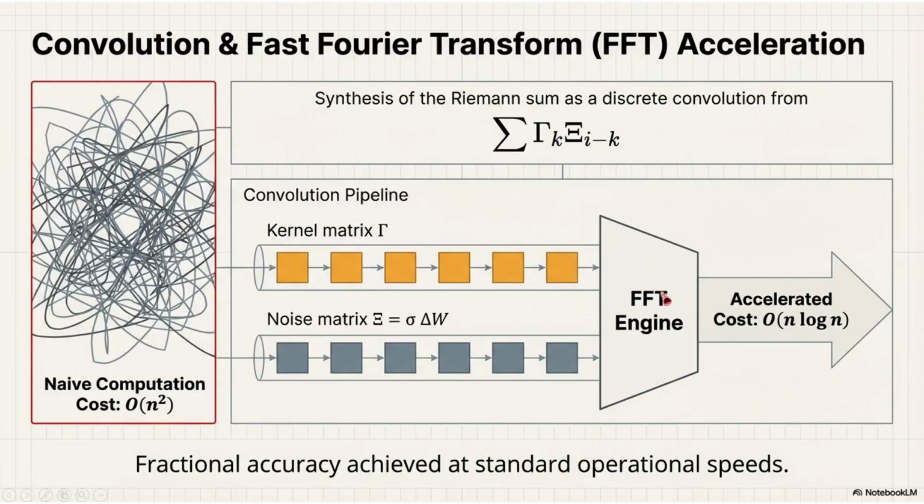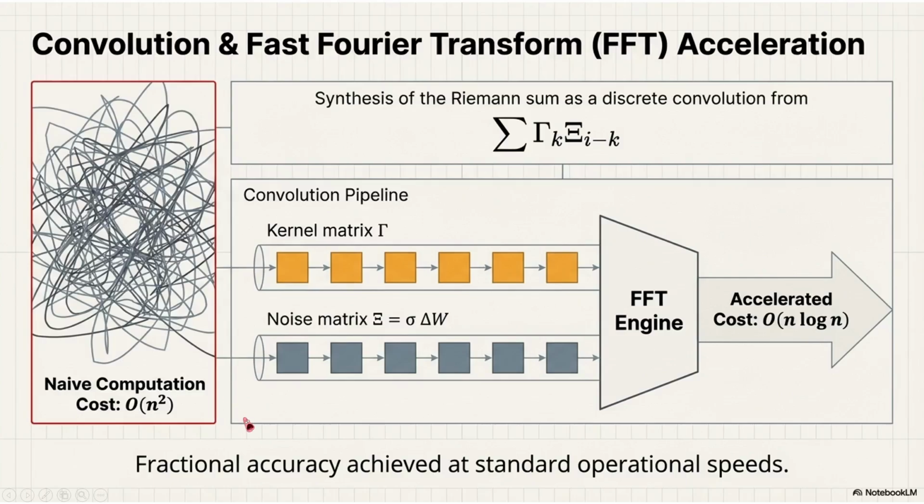Now we have the flawless math framework, but if we try to do this for thousands of historical paths, the computation gets incredibly slow and tangled, at a cost of n squared.